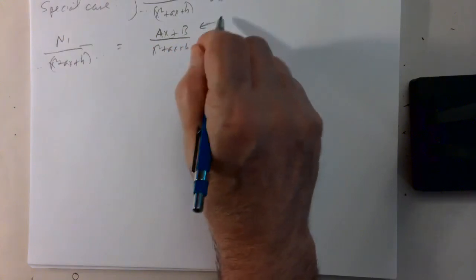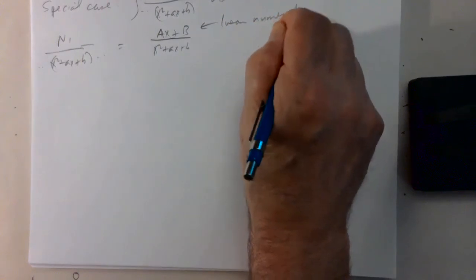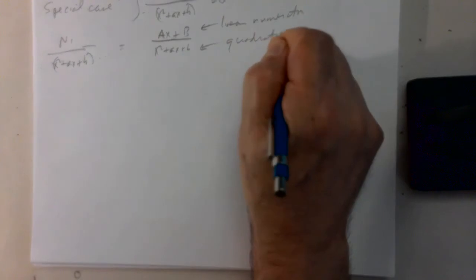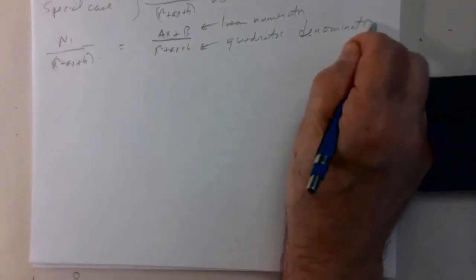So we have a linear numerator and a quadratic denominator.